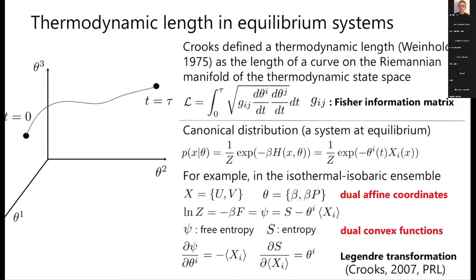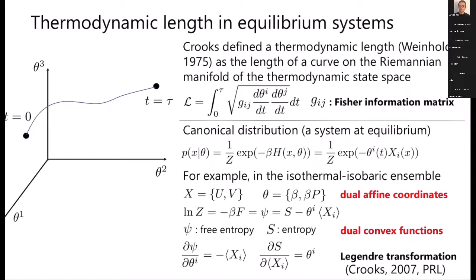We quantify the length of this trajectory in parameter space. Then this thermodynamic length actually bounds the amount of dissipation. But in this paper, he considers only the canonical distribution, meaning that the system is at equilibrium.